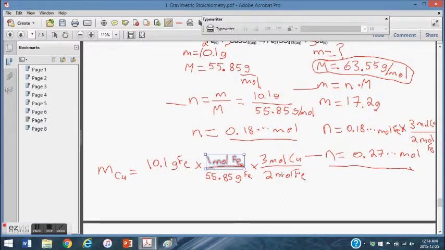Okay, so again, grams of iron have gone away. Moles of iron have gone away. I've got moles of copper now, and I need to go from moles of copper into grams of copper.